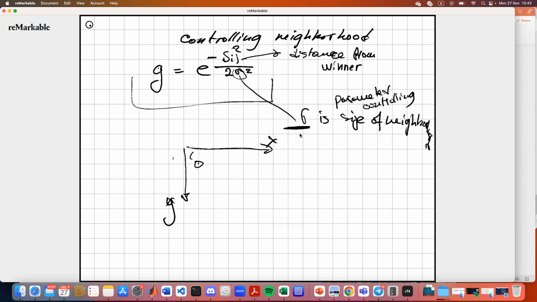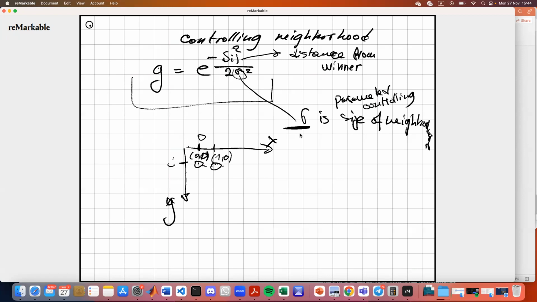So say 0, 0. In Python we start numbering from 0. Then 1, 0, etc. That's a neuron.